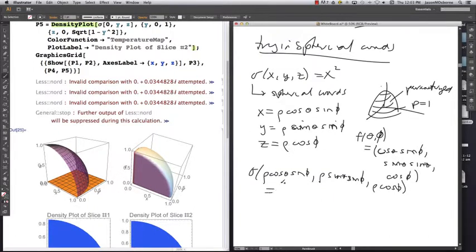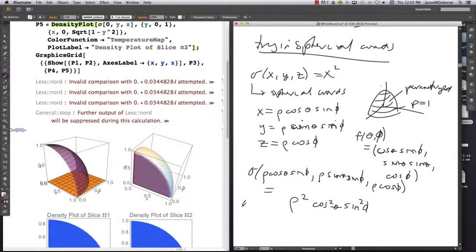Plug those in for this function and you simply get rho squared cosine squared theta sine squared phi. So here's our new density function.